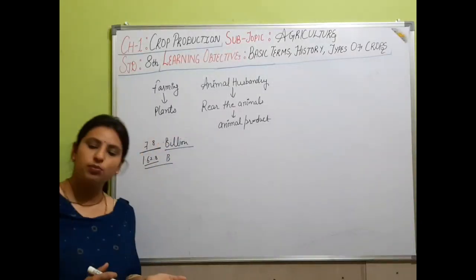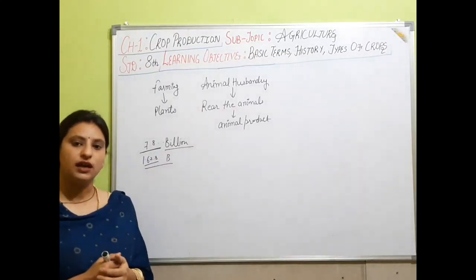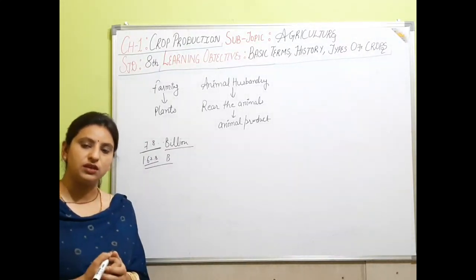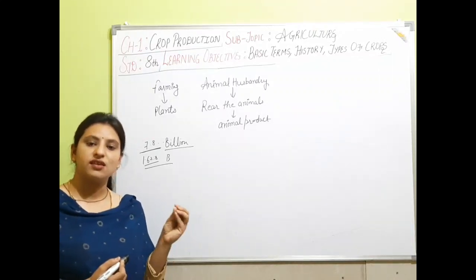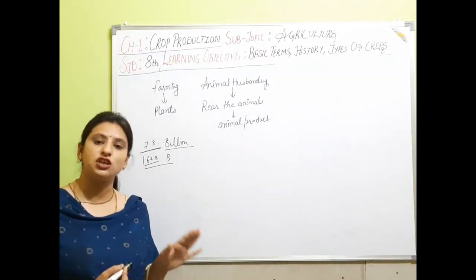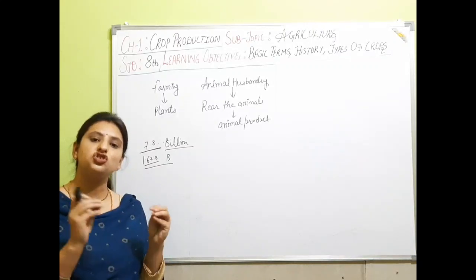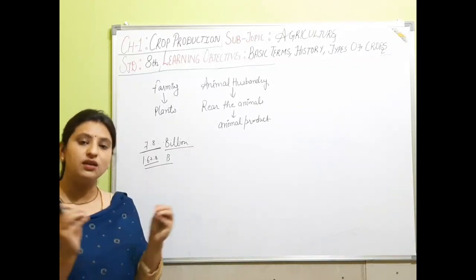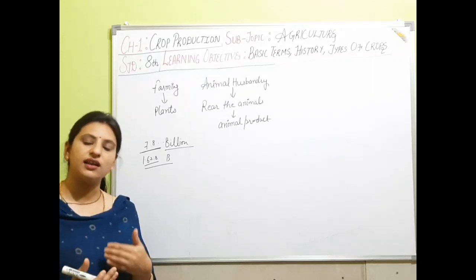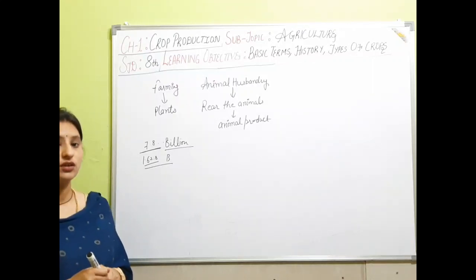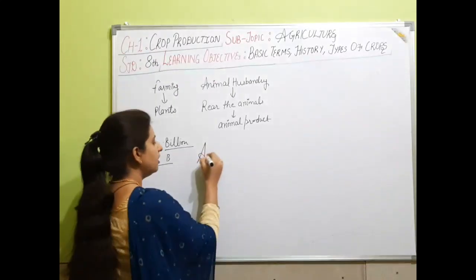But natural processes are not giving us a sufficient amount of food to meet such a big population. So we have to go for an alternative, which is called agriculture.